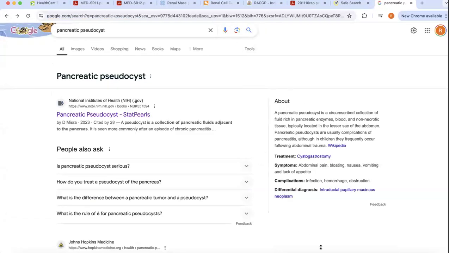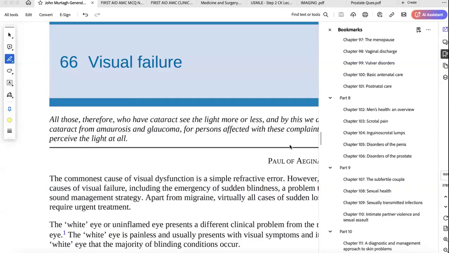Okay, moving on to prostate related questions. So if you open your John Murtagh and go to the men's health chapter, I want you guys to give these chapters a read.